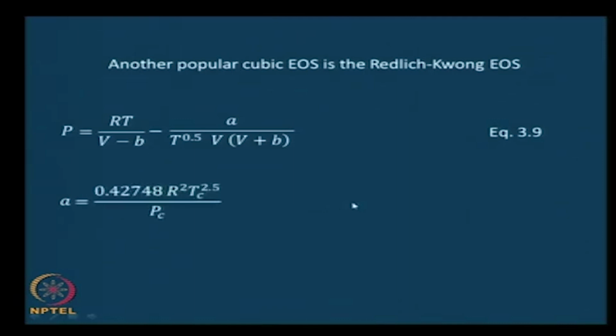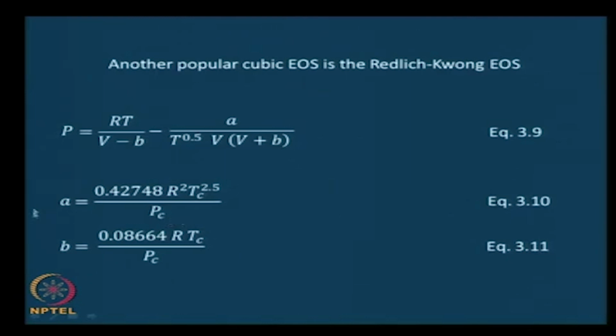A in this case is 0.42748 R squared Tc to the power 2.5 by Pc. We will call this equation 3.10. B equals 0.08664 R Tc by Pc. We will call this equation 3.11.